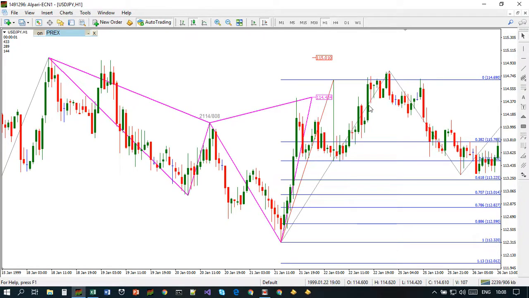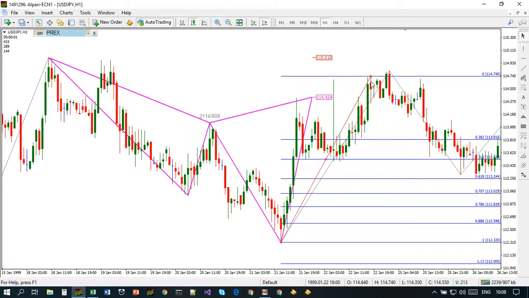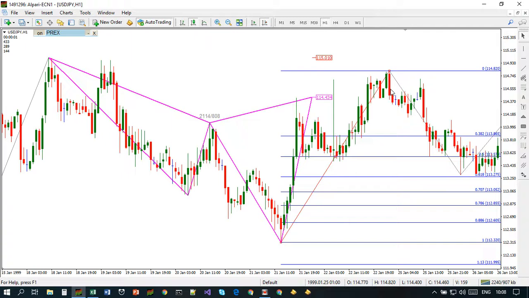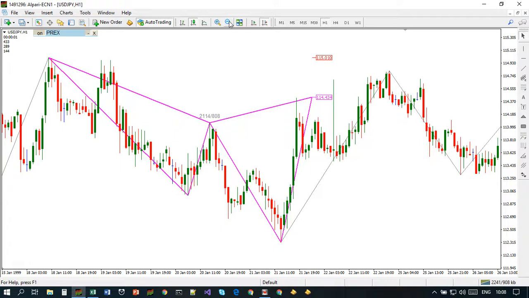We don't have two consecutive red candles. Then price goes higher. Here we have one red candle, then we have green, green, then we have one red candle. Okay, then price goes higher. Here we have 1 and 2. Then price tries to exceed the level, and it fails. So we didn't exceed, we do not enter at this cipher.